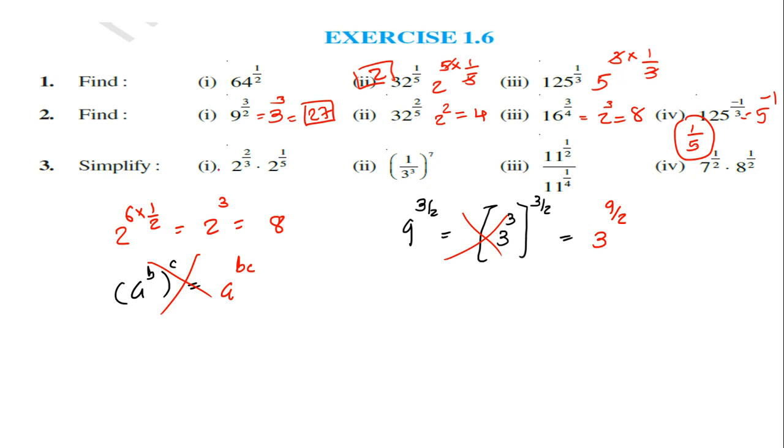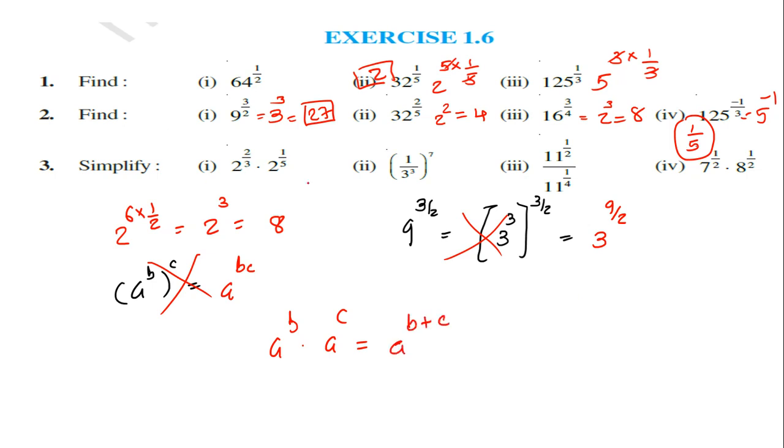Third question. You have to simplify here. Base is the same and power is different. Then now power and exponent come. Base is the same, a raised to b into a raised to c. Then what can we write? 8th standard, a raised to b plus c.